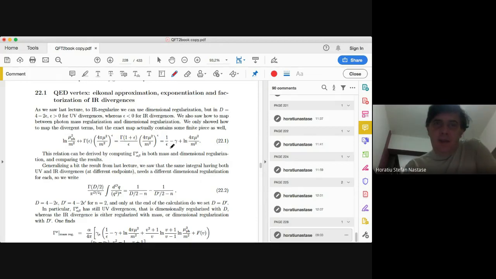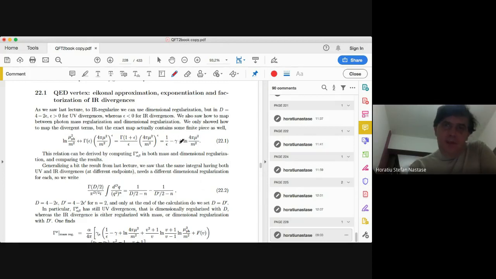So then expanding, I get the 1 over epsilon pole, and then minus gamma plus log 4 pi mu squared over m squared, which includes also log 4 pi and log mu squared over m squared. So indeed, log mu photon squared over m squared is mapped to log mu squared over m squared as a divergence in mu photon or mu going to 0, also dropping 1 over epsilon.